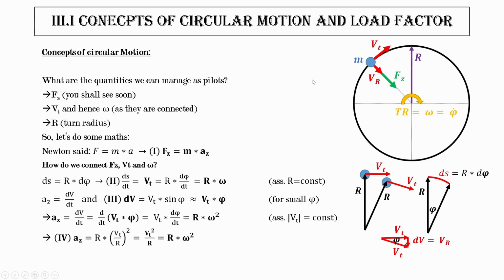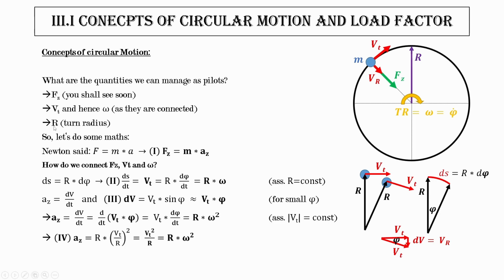So first of all, what we have to ask ourselves is obviously, what quantities can we manage as a pilot? And that, again, to optimize our turn performance. Obviously, we want to manipulate our tangential velocity, and that we can easily by pulling harder, or by reducing throttle, or by increasing throttle.